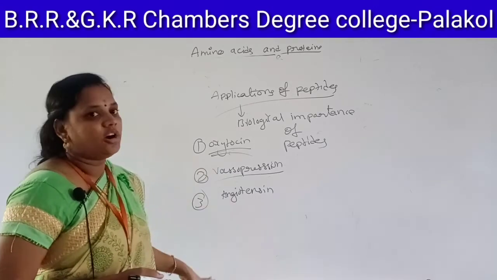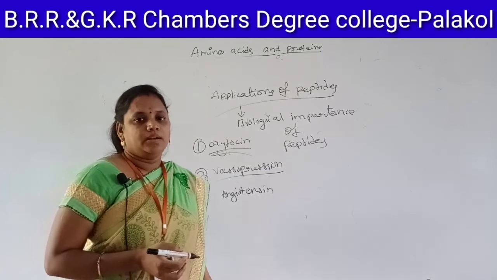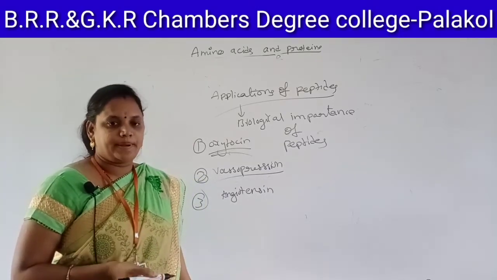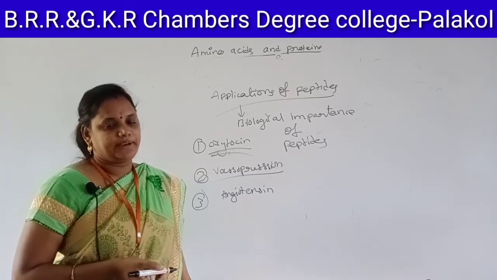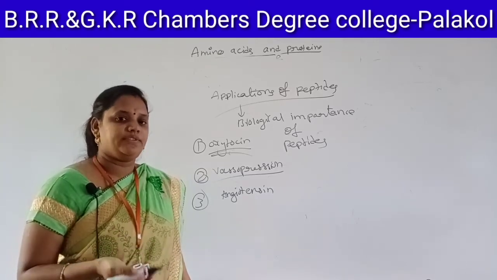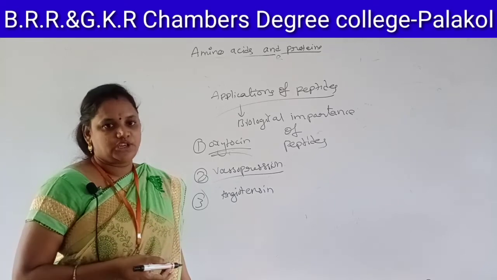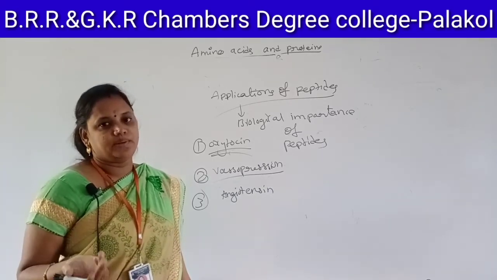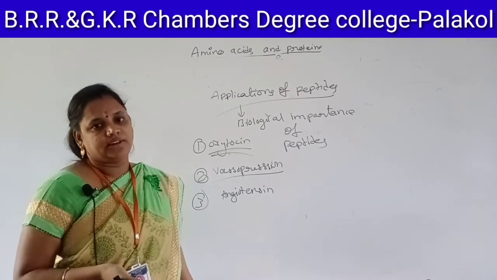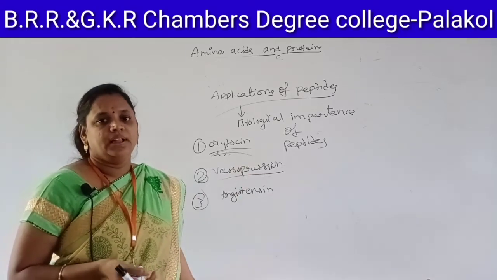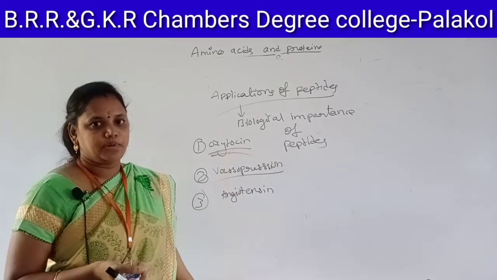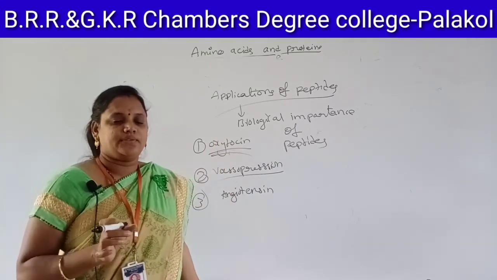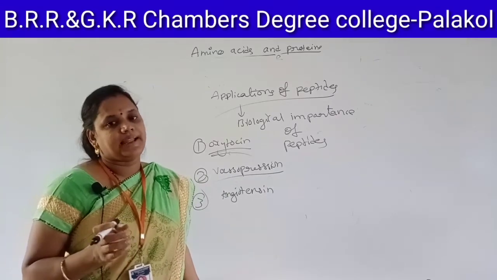This is all about peptides, students. You have to learn about the definition of the peptide, classification of the peptides, synthesis of the peptide, and degradation method, one of the methods. You may write about the Edman method or carboxyl degradation method, and you have to write the biological importance, which is very important: oxytocin, which contracts the uterus after childbirth and provides lactation.